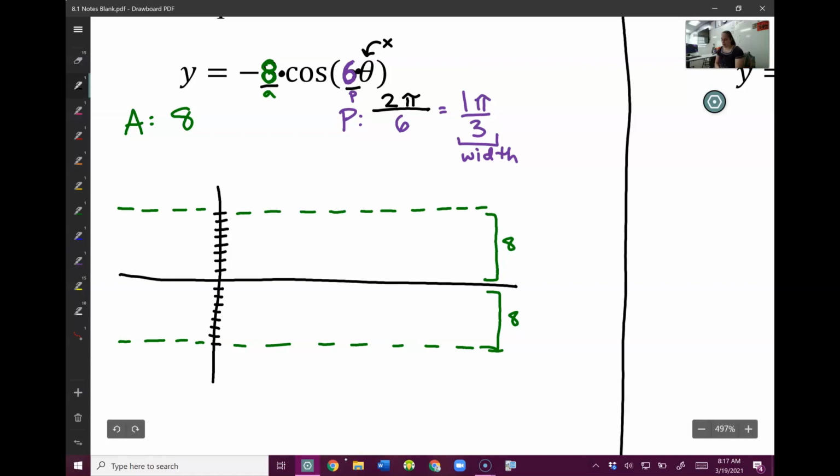So what I'm going to do is make some tick marks. This first tick mark is 1 pi-third. Second tick mark is 2 pi-thirds. 3 pi-thirds. 4 pi-thirds. And I can go in the negative direction. -1 pi-third, -2 pi-thirds. And I want to go pi-thirds wide.